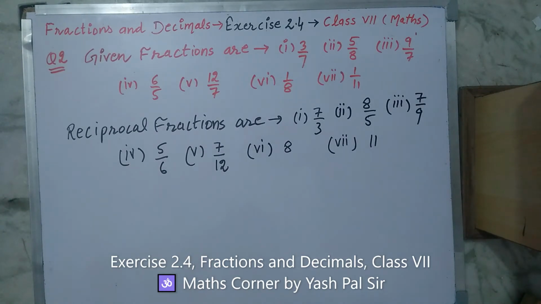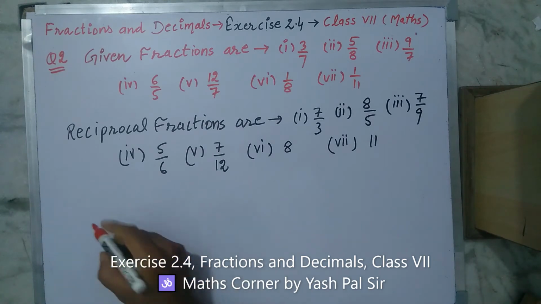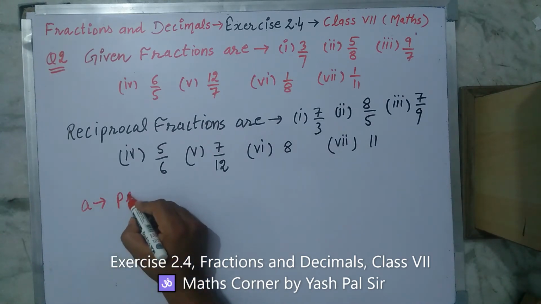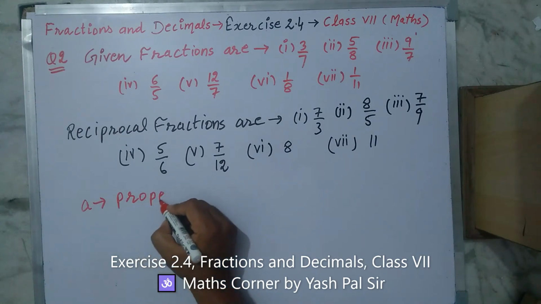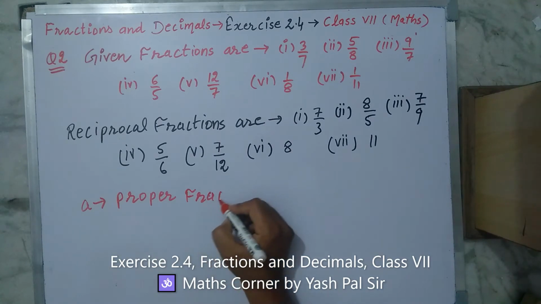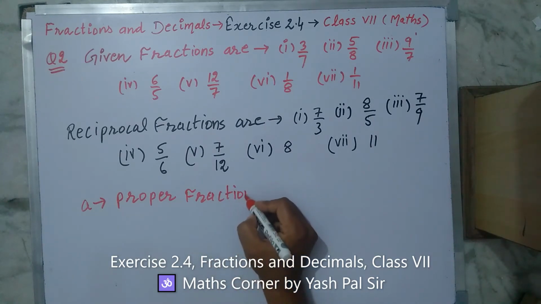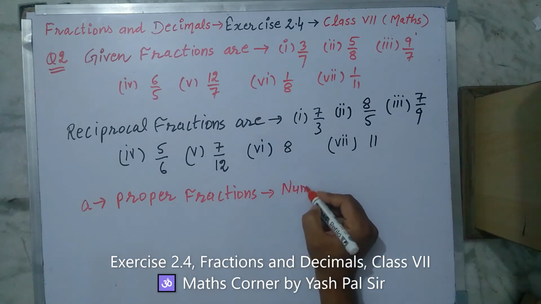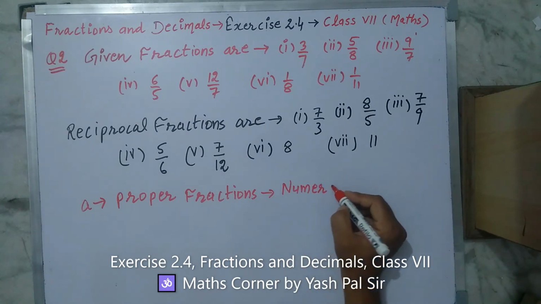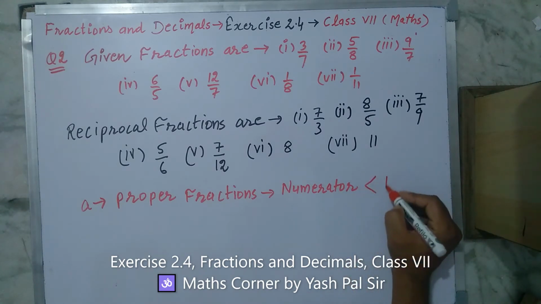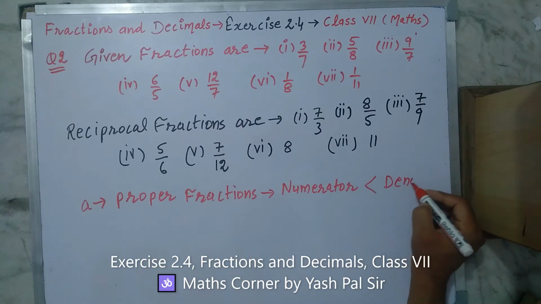Now what is the next part? Number 1, A part, proper fractions. Proper fraction means the numerator is less than the denominator.